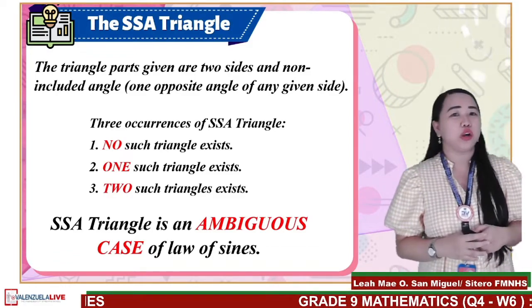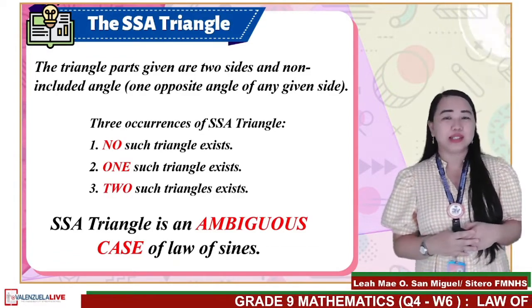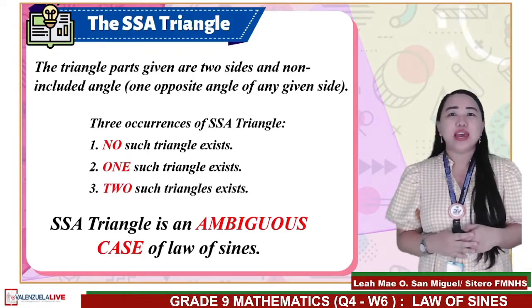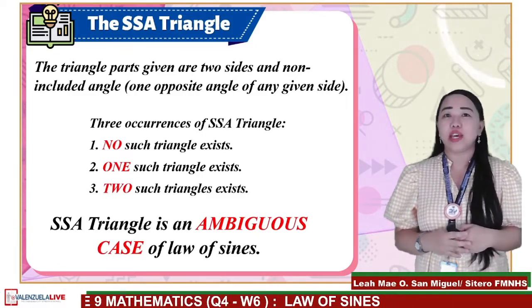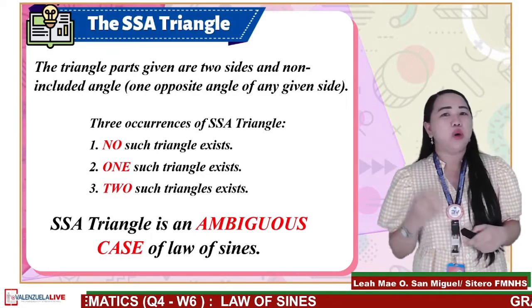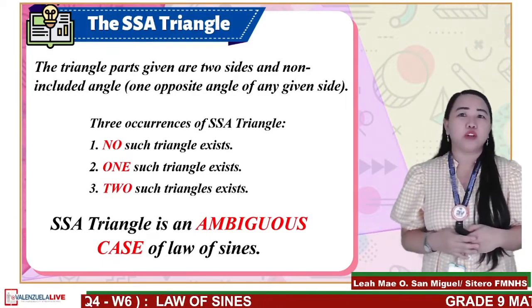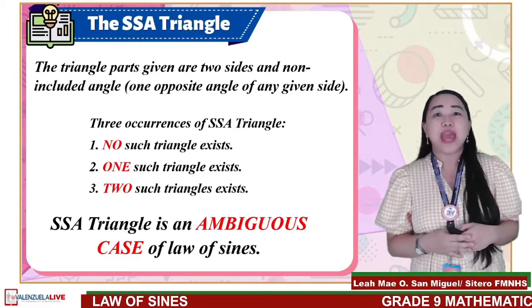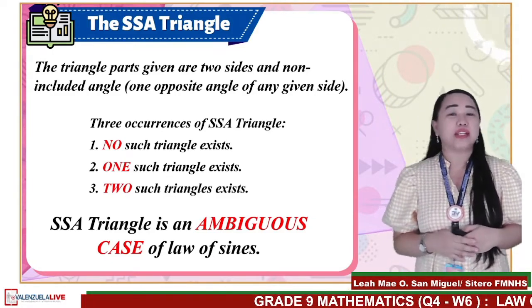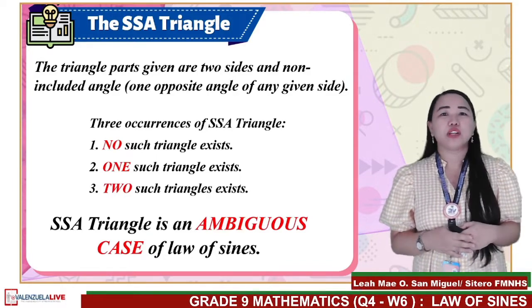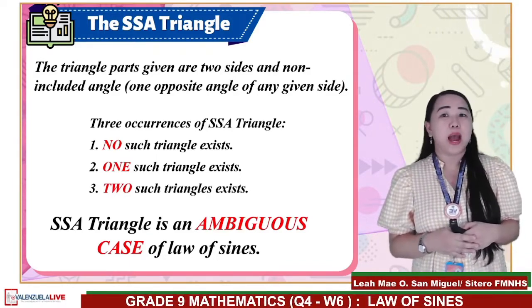Remember that during your 8th grade, the SSS, SAS, ASA, or SAA triangle guarantee that there exists one triangle. However, if the given parts of the triangle are in the form SSA, then it is different and makes the triangle unclear, confusing, uncertain, indistinct, or ambiguous.